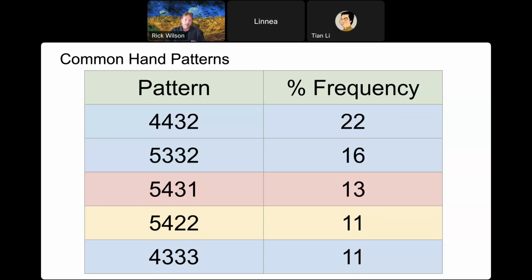And then 5431, 5422, and 4333, those are all about the same frequency. And if you look at that, three of those, the blue ones, are our balanced hand patterns. And the 5422s are semi-balanced, and so the 5431 is our only unbalanced hand pattern in the top five.